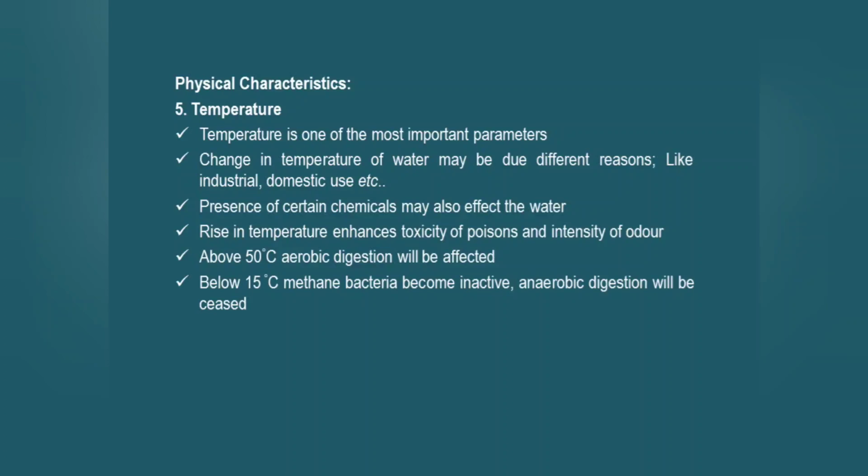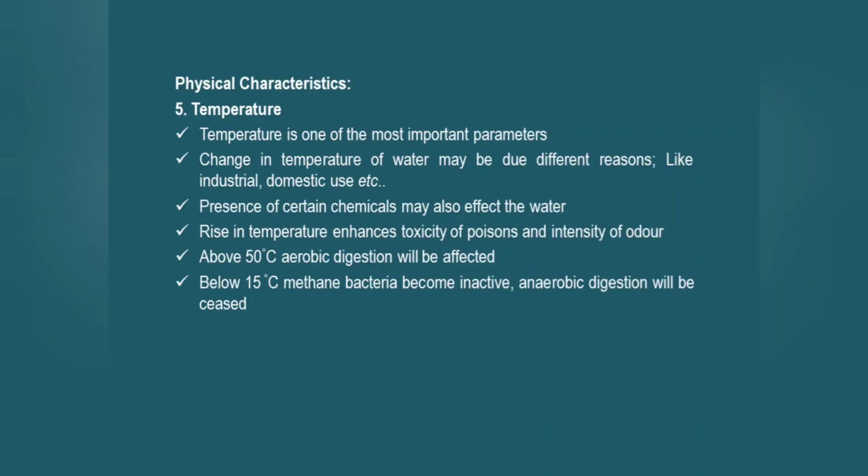The temperature of water may change due to different reasons, like industrial use, domestic use or other purposes, and the presence of certain chemicals may also affect the temperature of the water.